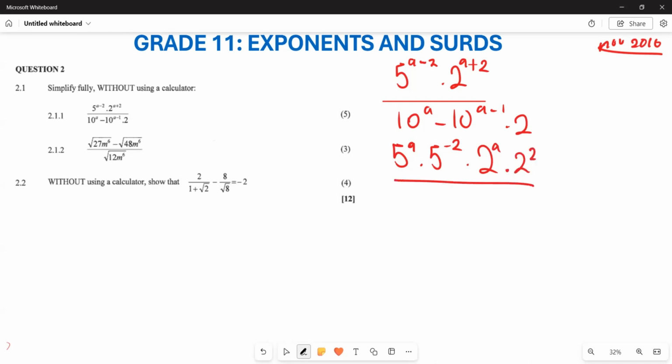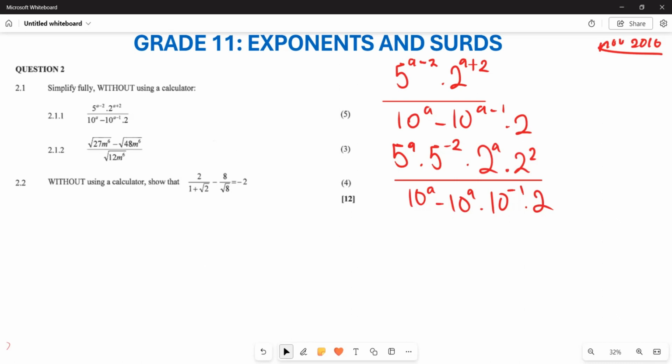Now, when you come back to your denominator, what is it that you are going to have here? In your denominator, this is 10 to the power of a subtract 10 to the power of a multiplied by 10 to the power of negative 1 multiplied by 2. Basically, this is one and the same thing. Now, what can you do from here? Let's see the first thing that you can do.